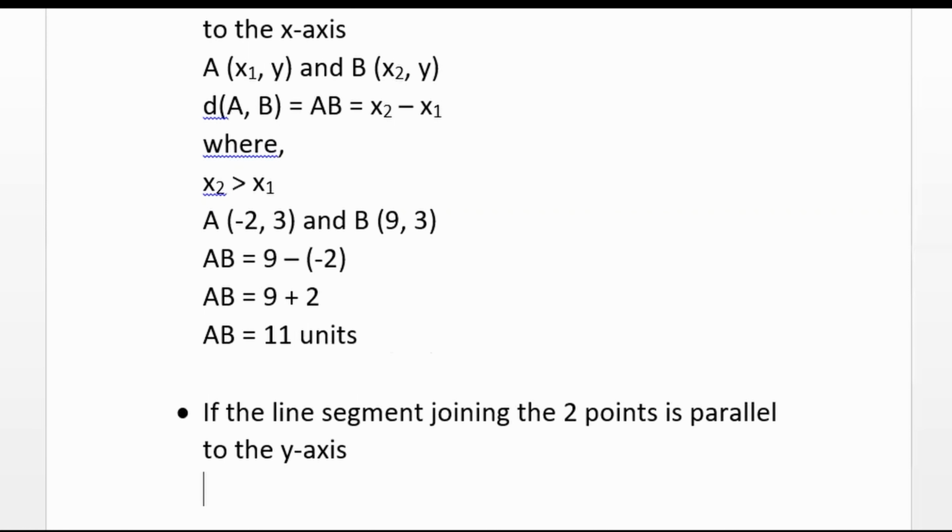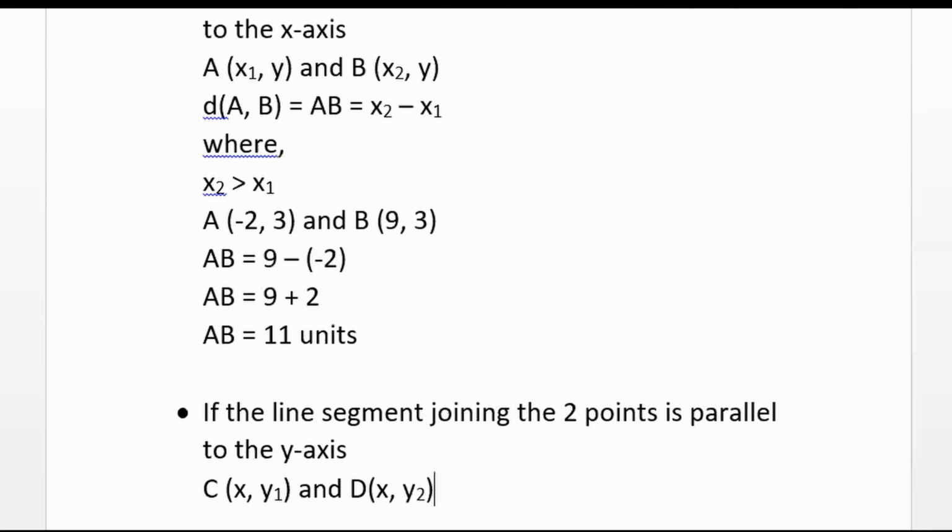If the x coordinate of the points is the same, then the line segment joining them is parallel to the y-axis. So we'll assume the points as C and D. Let's say the coordinates of point C are (x, y1), and D is (x, y2). So the x coordinate of both the points C and D is the same, which is equal to x.